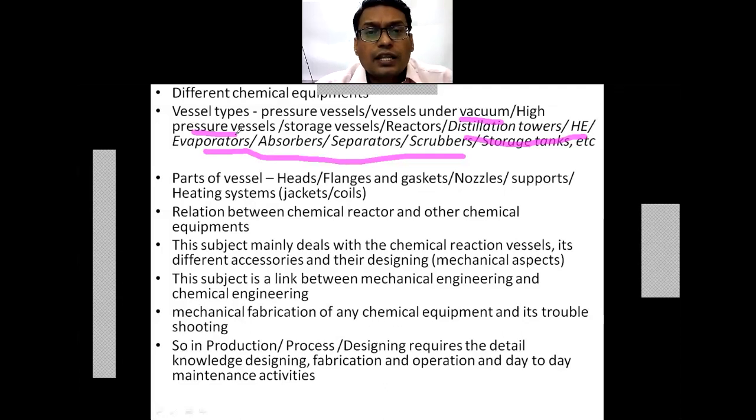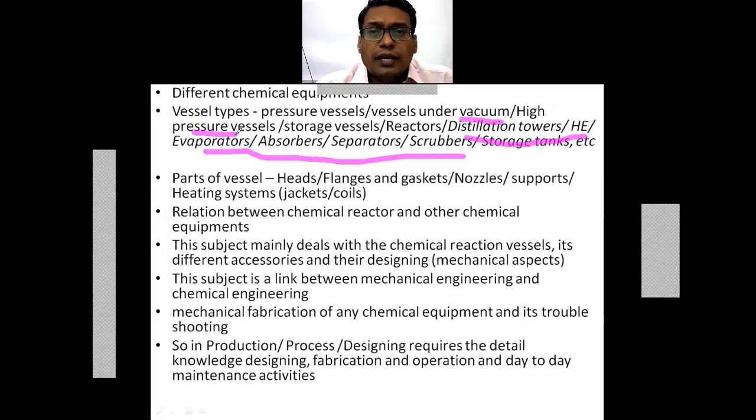So these are the main important considerations, that is temperature and pressure. Based on that, I am going to consider a material, and that material will have certain stresses, and with the operating conditions of pressure, I am going to calculate a certain thickness.